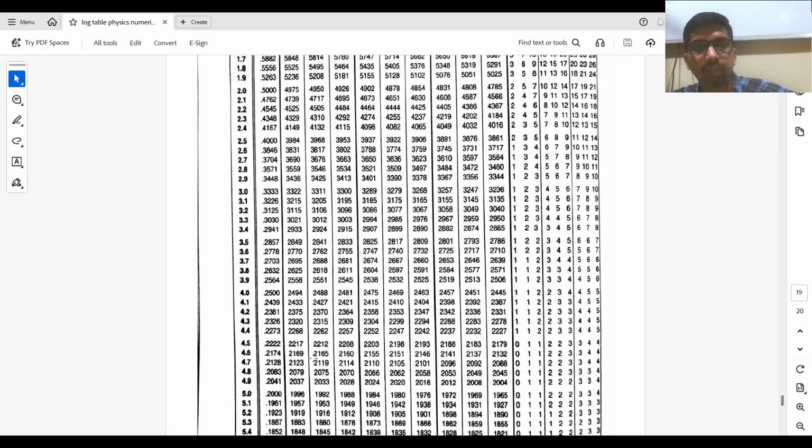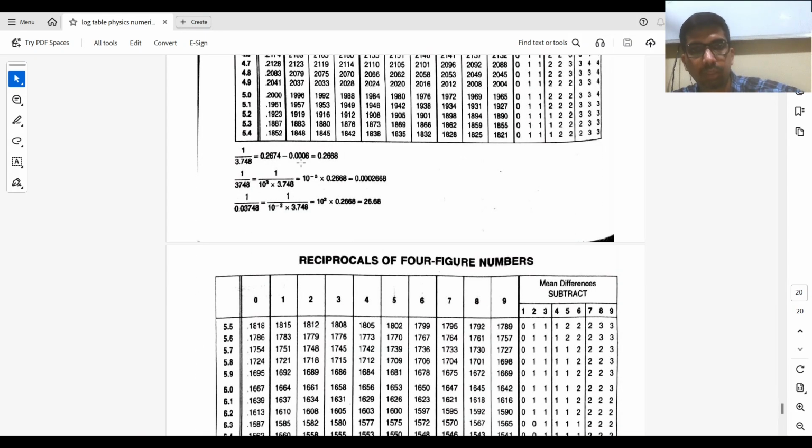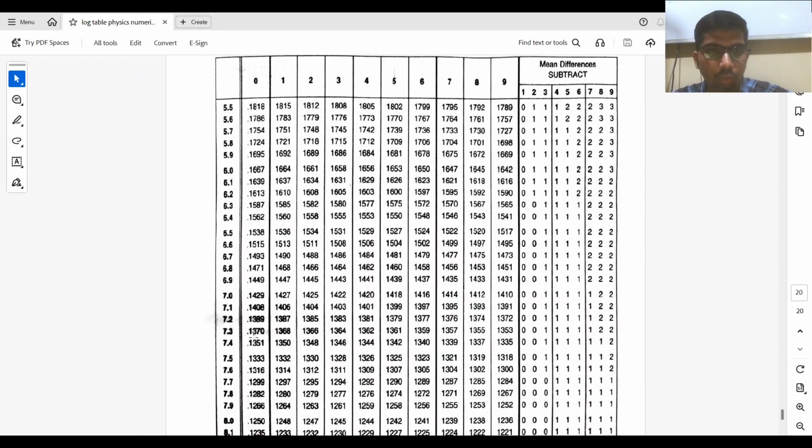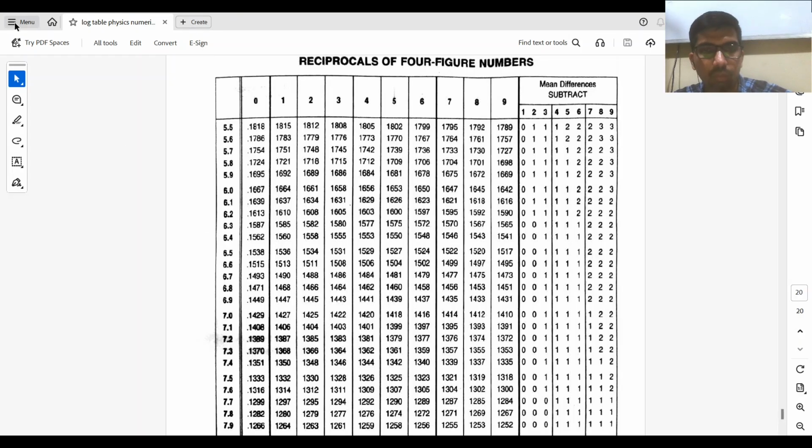Reciprocal table starts from 1 point. It starts from 1 point. But we want the value of 0.32. So go to 7.32. So 7.32 is how much? Look over here. It is 1366. So write 0.1366.